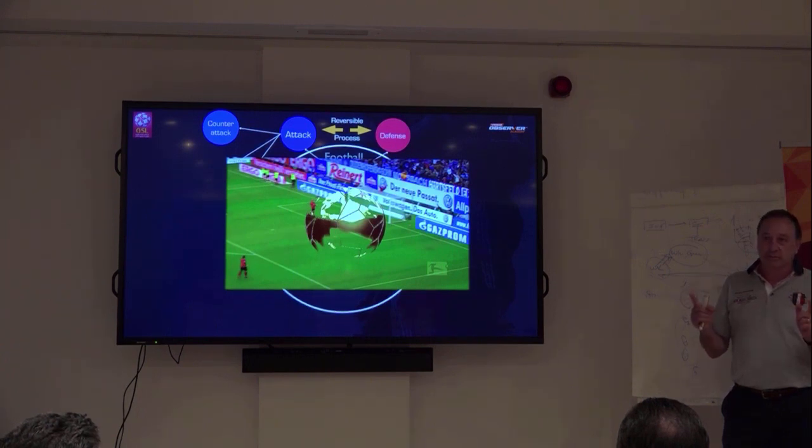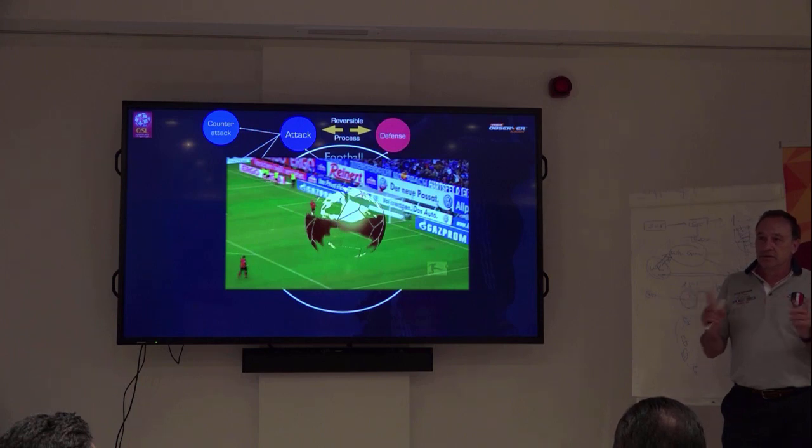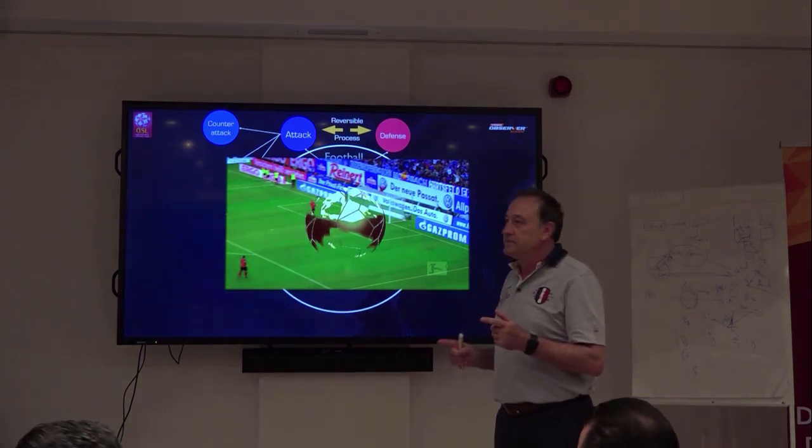Very short. Few passes, few players. You don't need to have numerical superiority. That is not a difference.